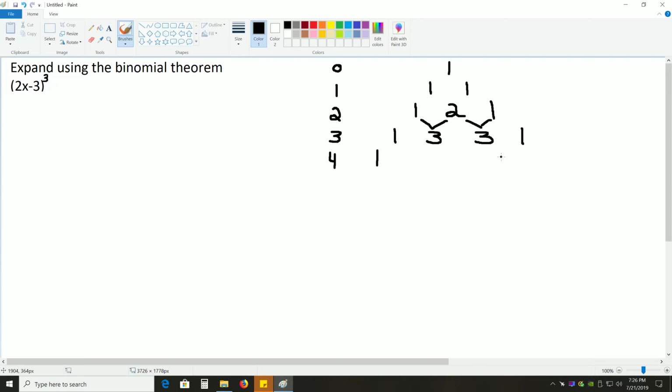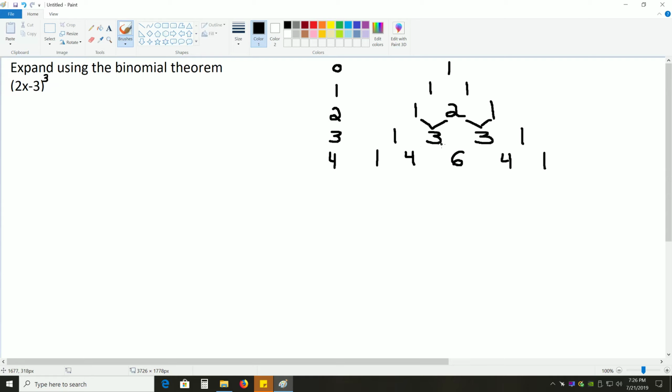Again, we place our 1s on the outside, and combine the numbers on the inside. 1 plus 3 gives us 4, 3 plus 3 gives us 6, 3 plus 1 gives us 4. Okay, now you may not understand what these numbers mean, and that's where they come in next.